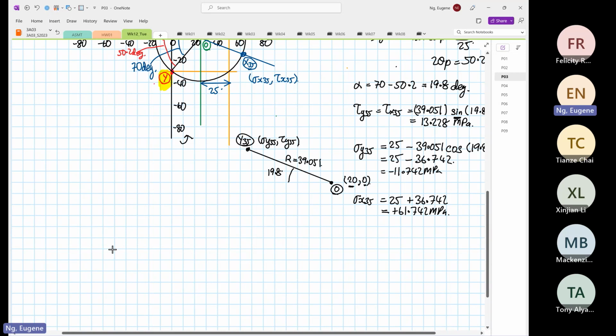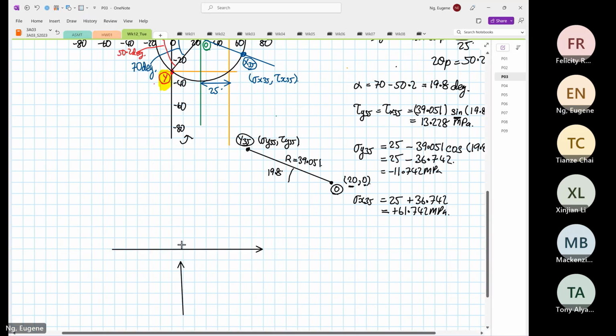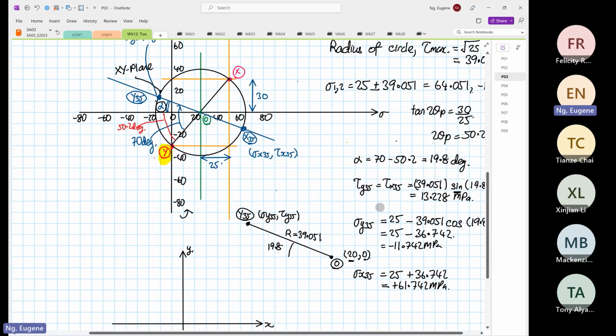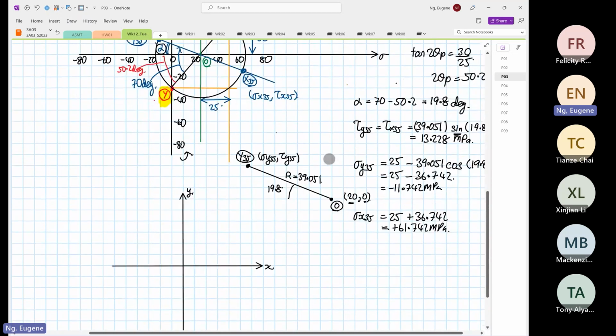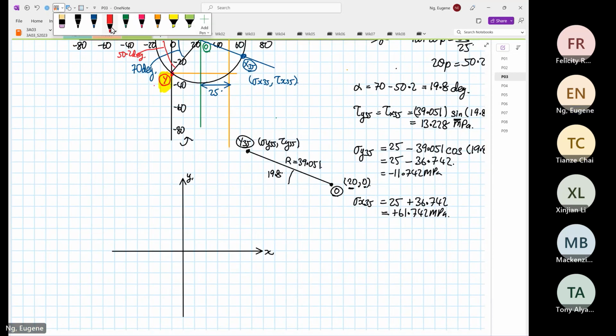So this is x, and this is y. And then we are going to rotate the element by 35 degrees clockwise. So now I'm sketching my 35 degrees.